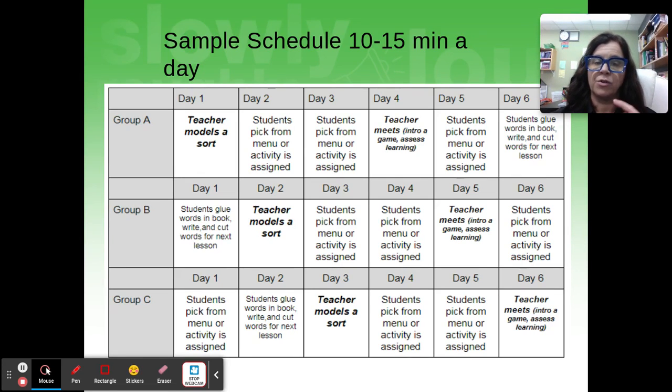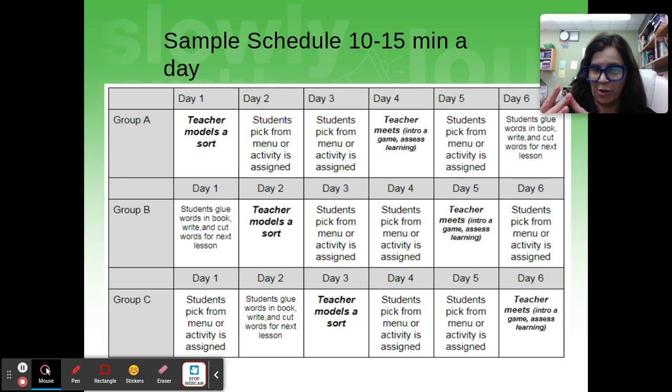So it would be Group A you would meet with on day 1, Group B you would be meeting with day 2, and Group A would be doing a sort. Group C you would be meeting with on day 3. Group B would be doing their written sort. Group A would be doing their manual sort. Group D would be on day 4, and Group C, B, and A would be doing their respective sorts.